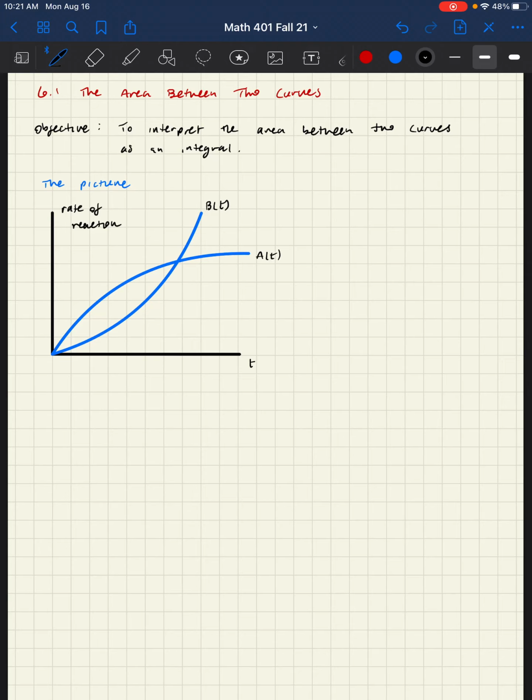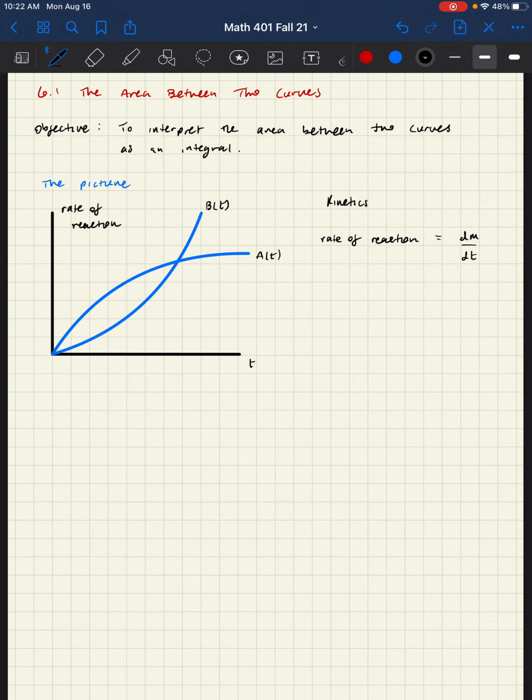So in kinetics, recall that rate of reaction is the rate of change of the mass. So as the rate of reaction increases, we're adding more mass.